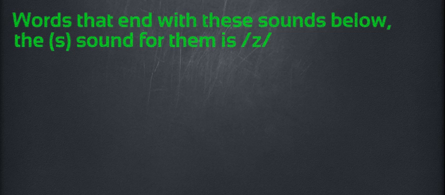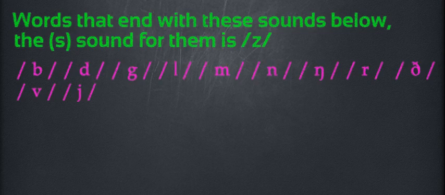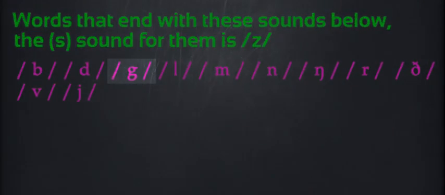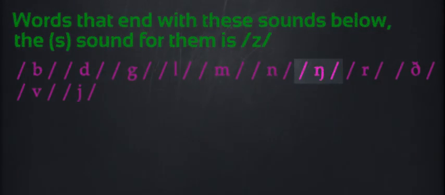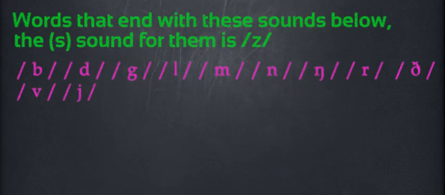Words that end with these sounds below, the S sound for them is Z: B, D, G, L, M, N, Ng, R, Th, V, Y.